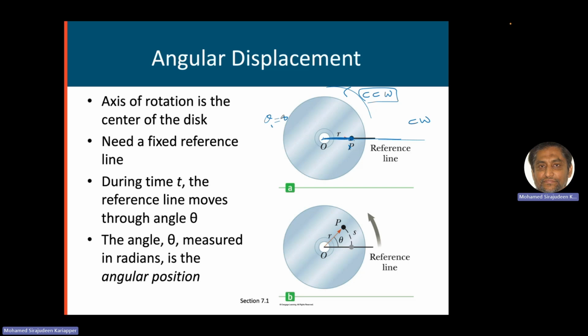So the initial angular position of the point P is 0. It is not going anywhere; only the angle is going to change. It will just keep rotating. Then, after some time, the point comes here. Now the angle has changed, so theta final is some theta. This is called angular position. Now you understand the meaning of angular position.